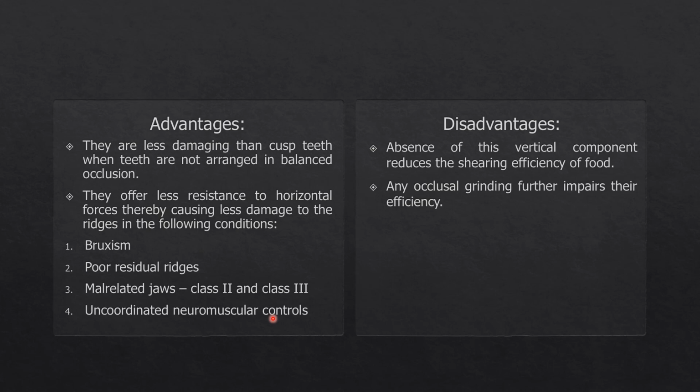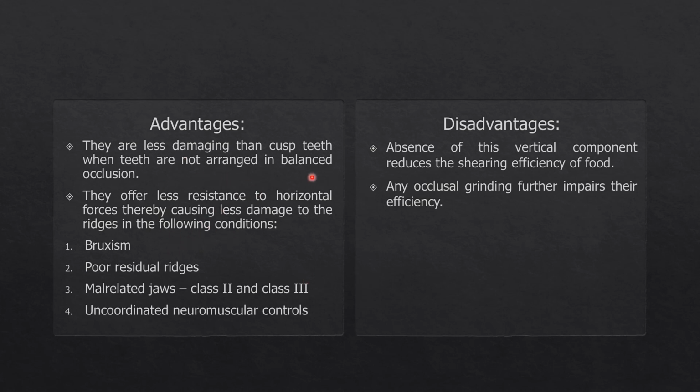Patients with Parkinson's disease or trigeminal neuralgia, or who have had different degrees of stroke, cannot maintain or stabilize the jaw in a particular position for a long time. In such cases we cannot give anatomic teeth, as there is no point. They will create more horizontal forces. So zero-degree teeth are efficient in such cases.